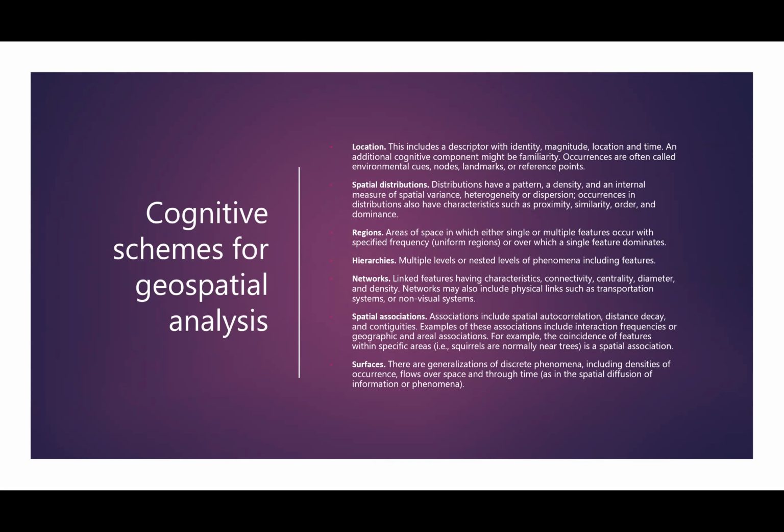Then hierarchies. So multiple levels or nested levels of phenomena, including features. So there may be elements within the region or elements within a smaller location that you feel have more importance than anything else.